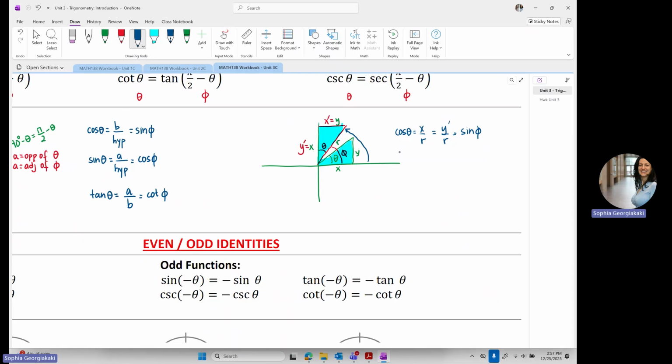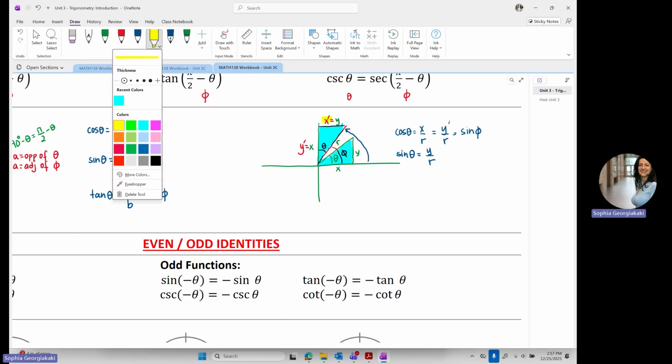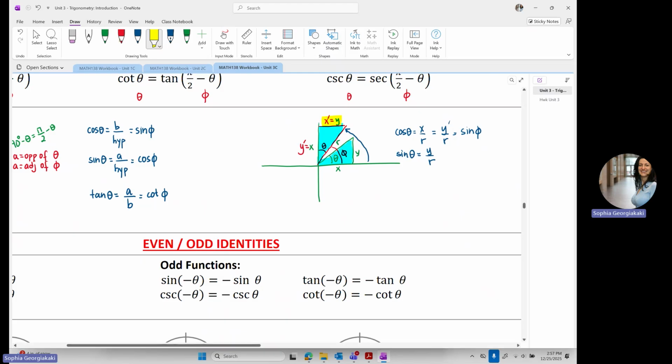And then the sine of theta will be y divided by r, but here we saw that the y is equal to the x of the angle phi, so that will equal x prime over r, and x over r for phi is the cosine of phi.